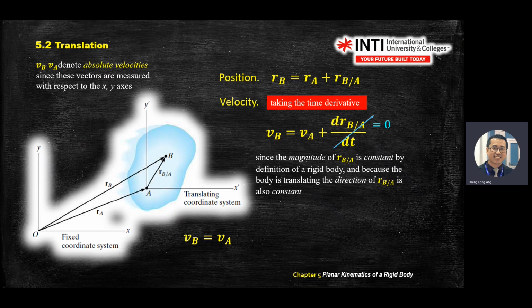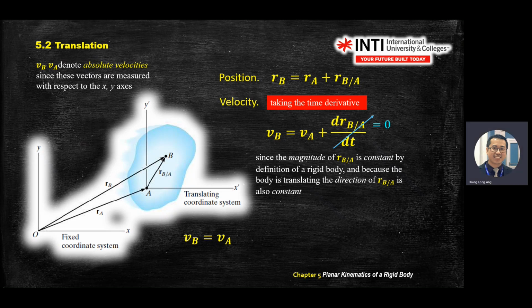So for a rigid body, any point on my body will move at the same speed, if you see it as one body or rigid body. This is the main difference from the previous chapters 1 until 4. When you go into chapter 5, you look at that body only.